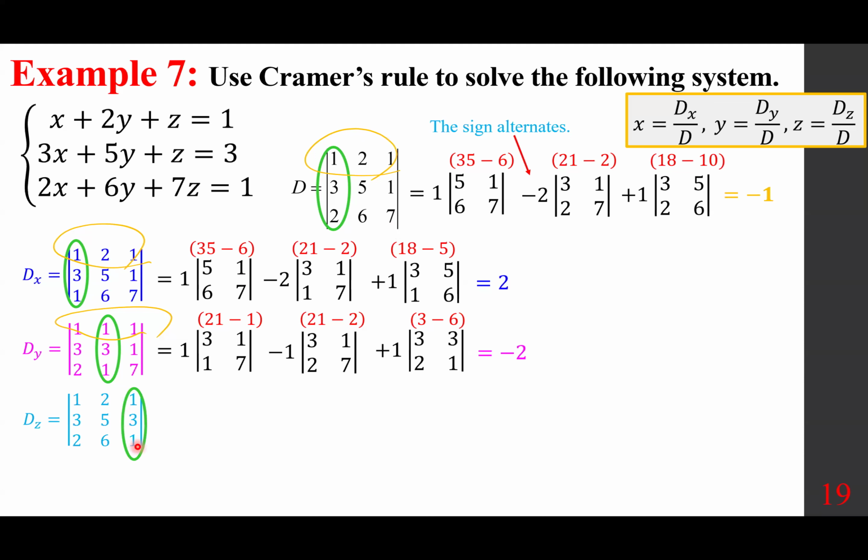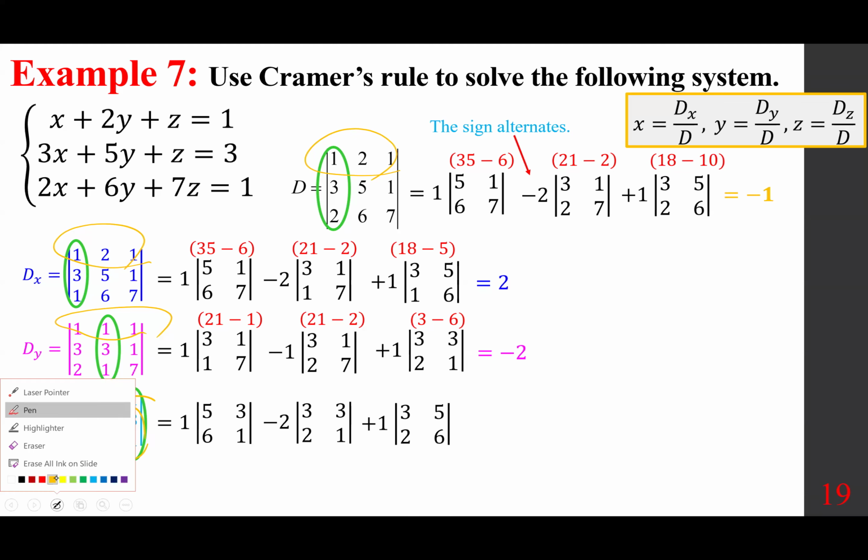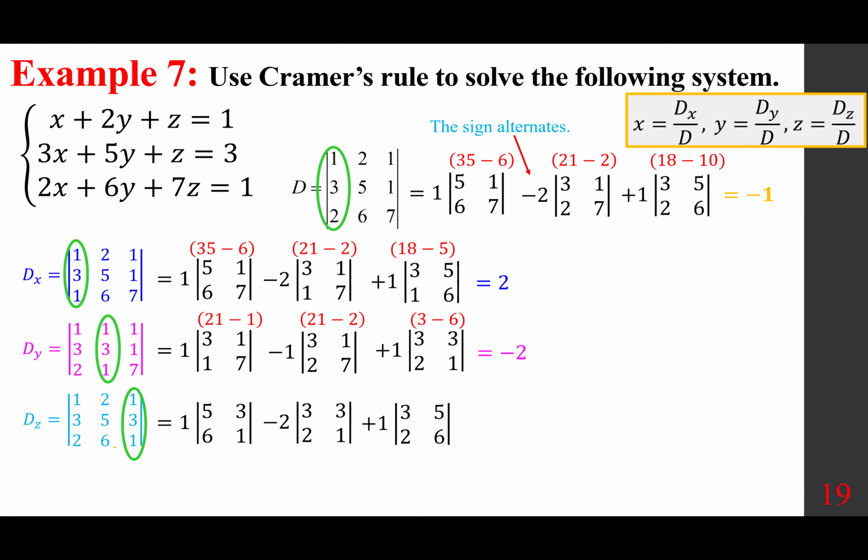This is the one that has been changed. So 1 times those 4, minus 2 times those 4. Okay, minus 2 times those 4. Minus 2 times those 4. Okay. And then plus 1 times this 4.